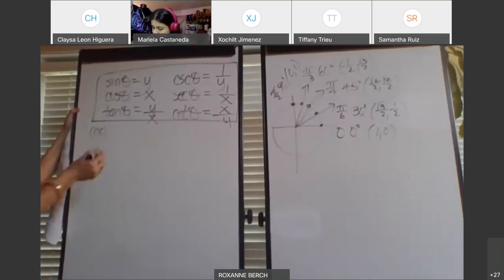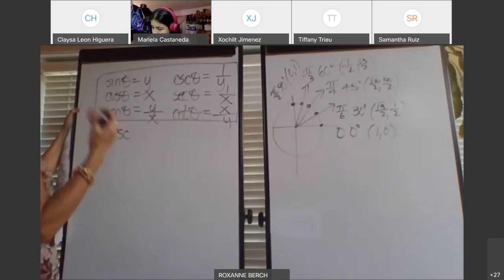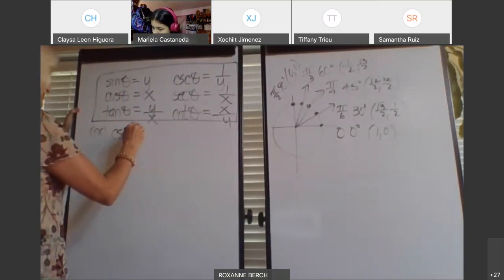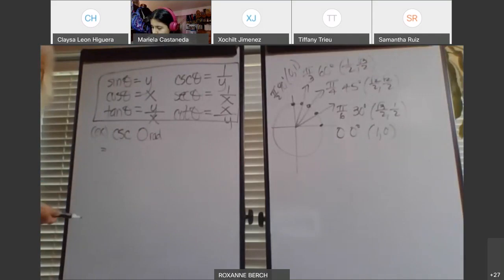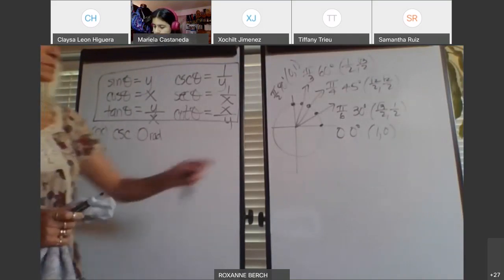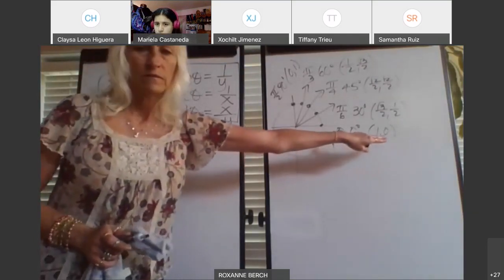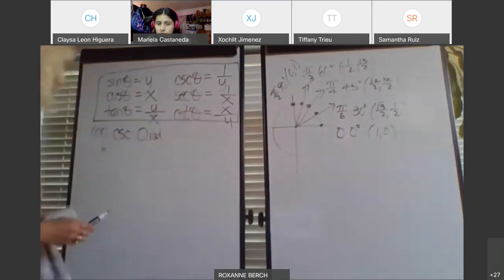Okay, let's try cosecant of 0 degrees, 0 radians. So the first thing I think of when I see this word is sine. So what's the sine of 0? Isn't it 0?